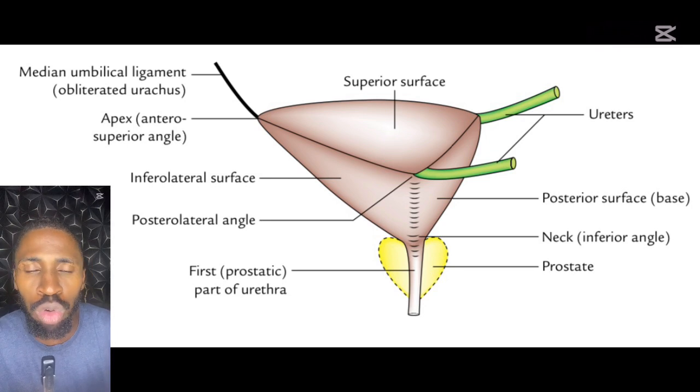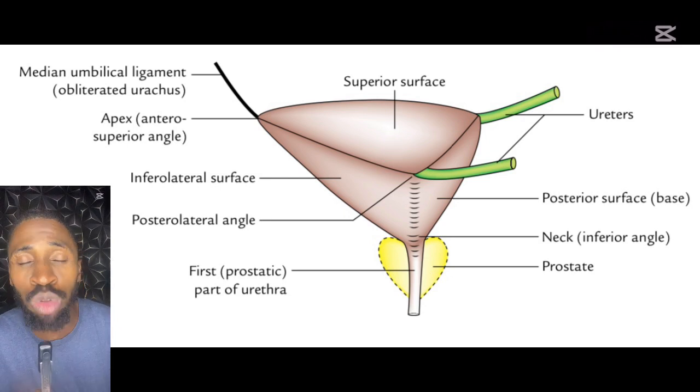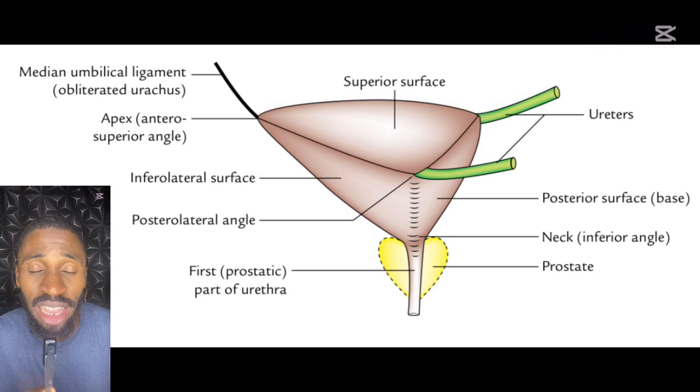So in utero, when a child is in the womb, you should always know that the bladder is connected to the umbilicus, whereby the fetus excretes waste or urine from the bladder directly to the placenta. So it is connected directly, but after the placenta has been cut and clipped, what happens?